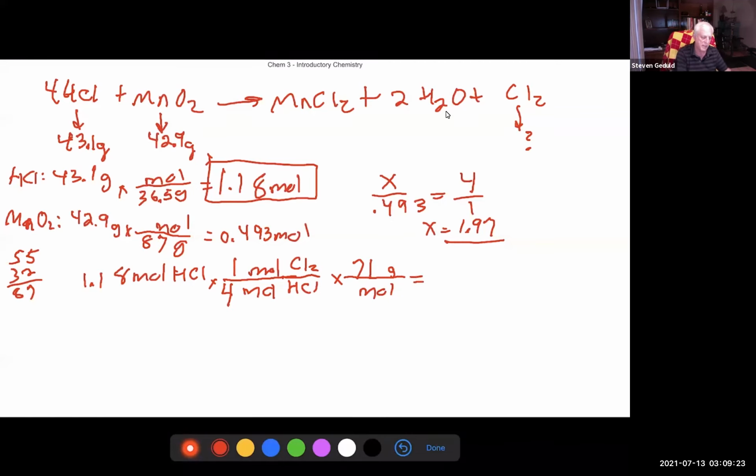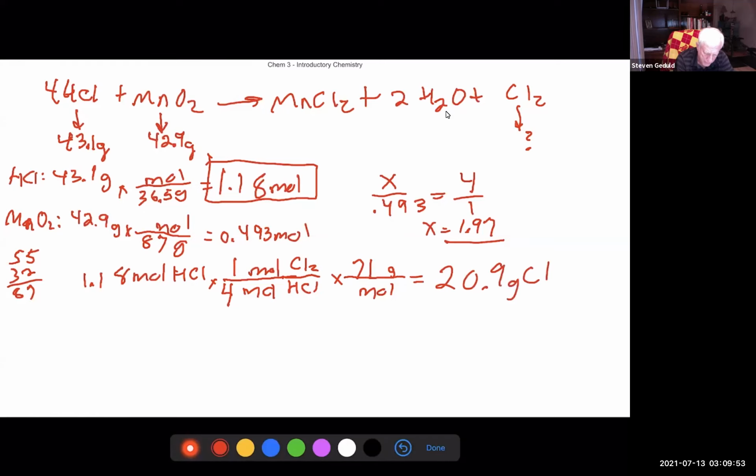So we'll do the math: 1.18 divided by 4 times 71. I hit something wrong, hold on, can't get a negative number. 1.18 divided by 4 times 71 comes out to 20.9 grams of Cl2.